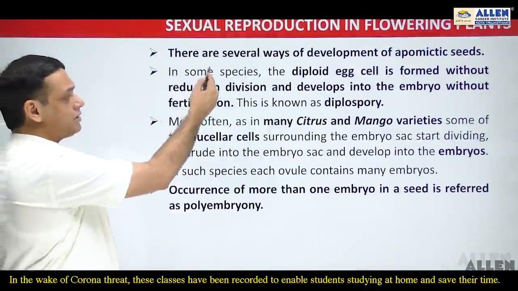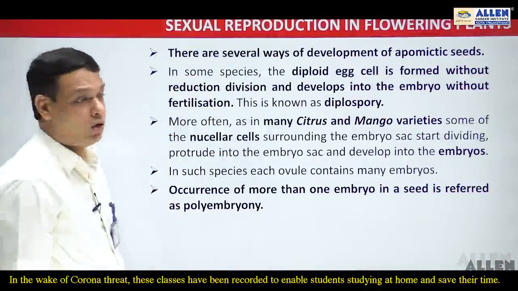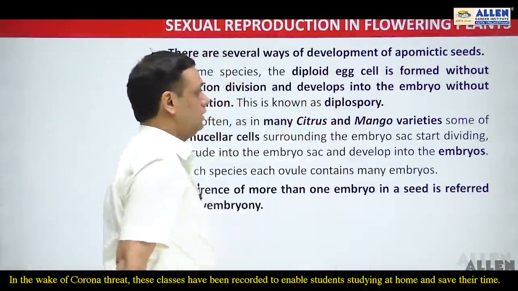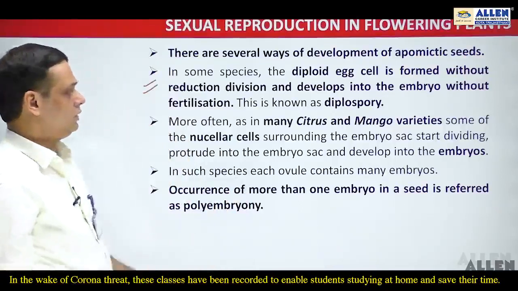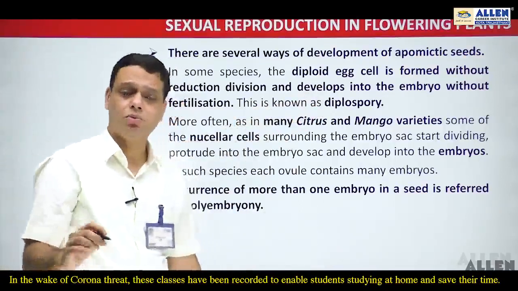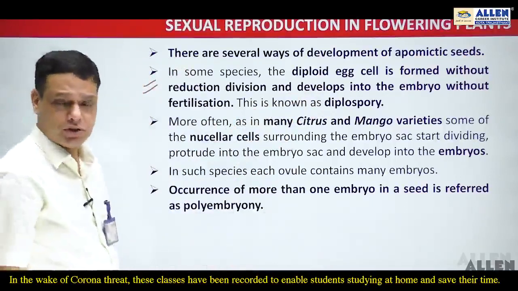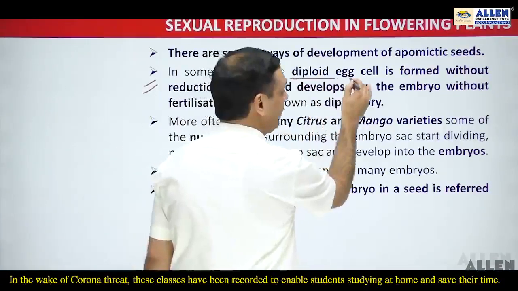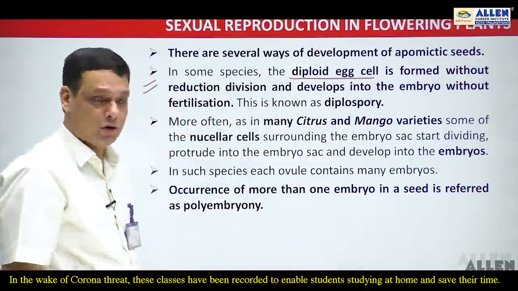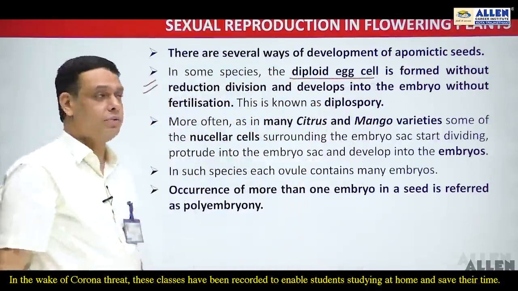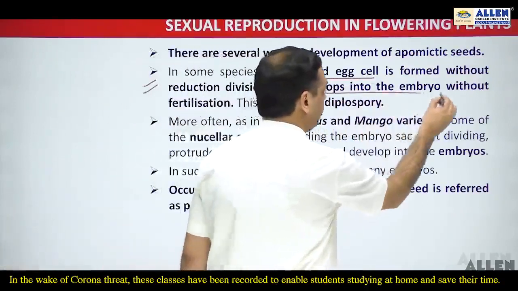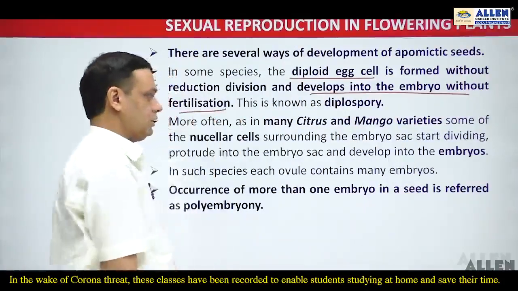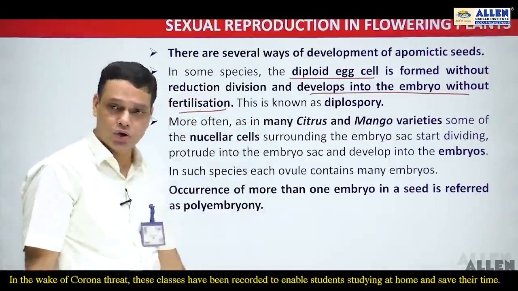Now there are several ways of development of apomictic seeds. One process is diplospory. So what is diplospory? In some species, when a diploid egg cell is formed without reductional division and develops into an embryo without fertilization, that is known as diplospory.